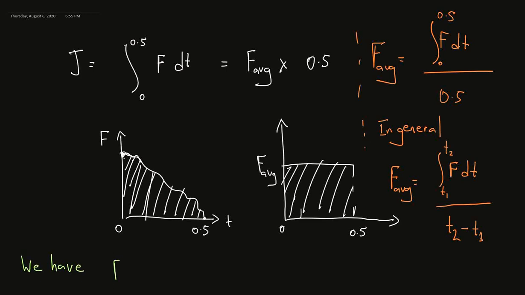So we have F average equal to m root 2gh, as the result of that integration. We found that just by evaluating the change in momentum, divided by this 0.5.